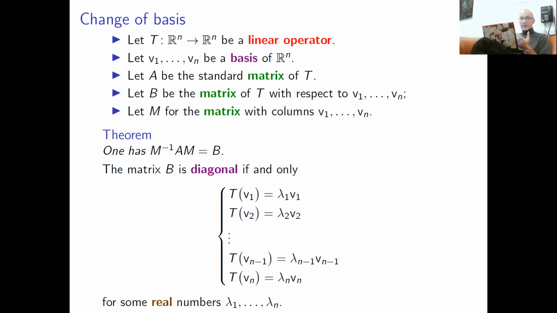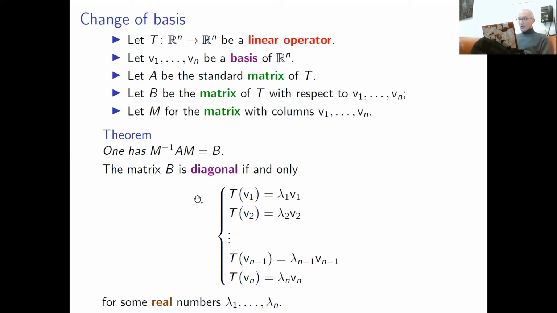To answer this question, we just have to recall the definition of matrix B. Matrix B is diagonal, by definition, if and only if T of v1 is lambda 1 times v1 for some real number lambda 1, T of v2 is vector v2 multiplied by some real number lambda 2, and so on, up to T of vn is lambda n times vn for some real number lambda n. So basically what your linear operator T does is take these n vectors v1, v2, and vn and scale them. It multiplies each vector by some scalar, by some number.